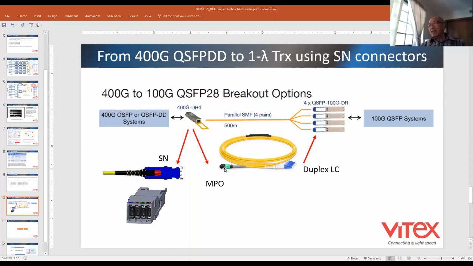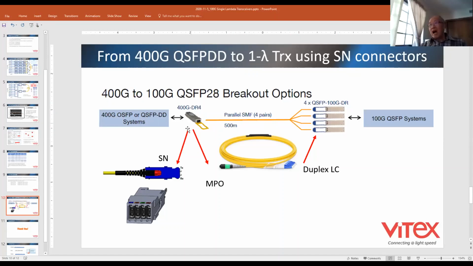Either you have the MPO, you plug it in, and then you use the cable to split into 4 different LCs. Since the format is the same, PAM4 on the light side, it should operate perfectly.